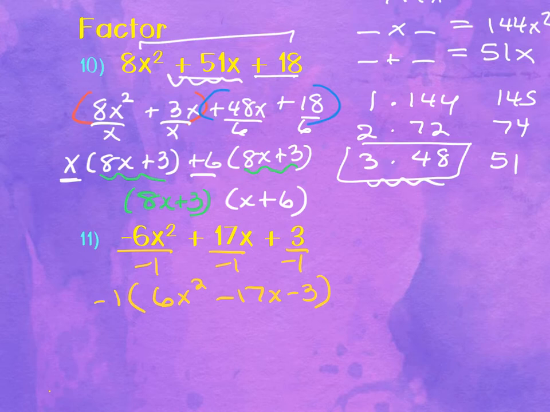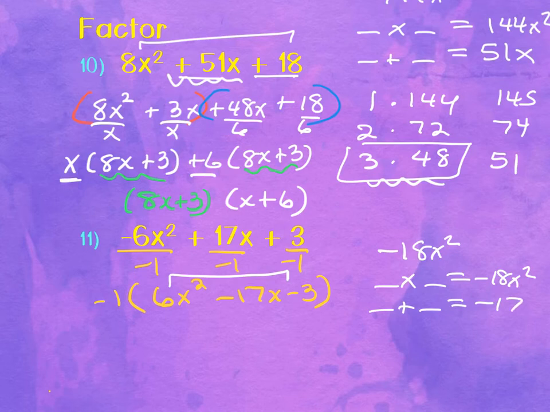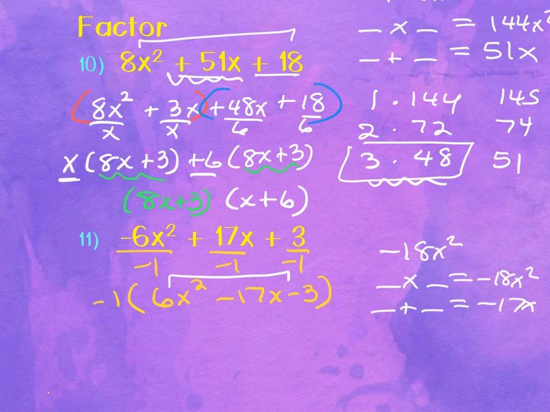So now what I need to do is the same thing I've been doing. I'm going to multiply first and last. I get -18. Two numbers to multiply to give you -18, but who add to give you -17. Now, believe it or not, sometimes the most obvious factors are the ones that students overlook.